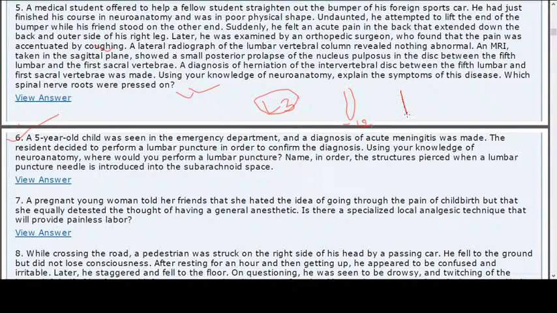In a child, it extends a little more, down to the L3 vertebra. So we could perform it at levels below this. What structures are passed when the lumbar puncture needle is inserted? There are some structures including the muscles, the bones, and the ligaments present in between them. So we need to know this.